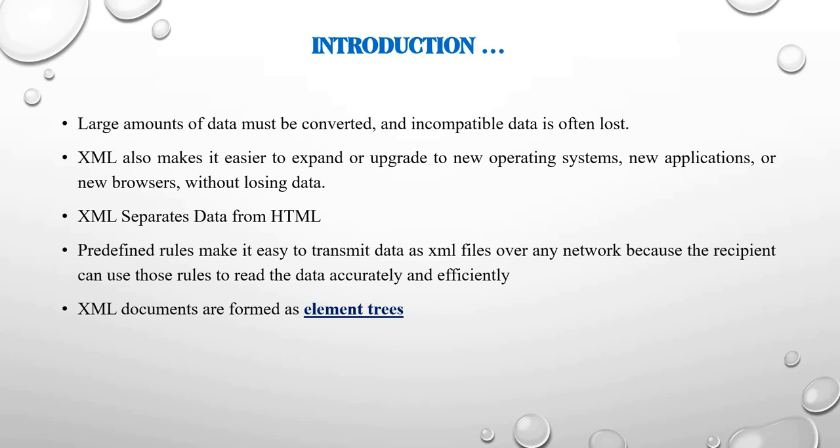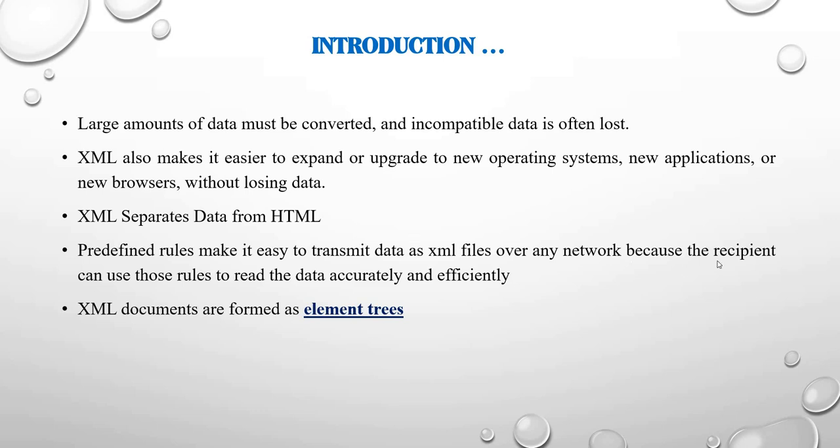XML also makes it easier to expand or upgrade to new operating systems, new applications or new browsers without losing the data. XML separates data from HTML. The predefined rules make it easy to transmit data as XML files over any network, because the recipients can use those rules to read the data accurately and efficiently.